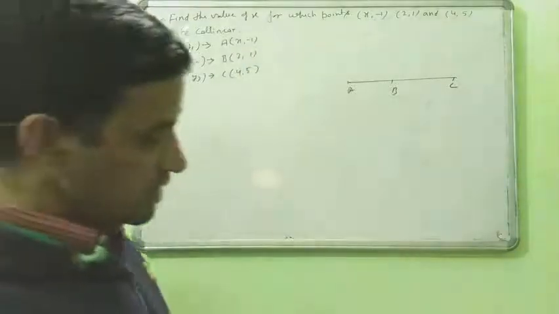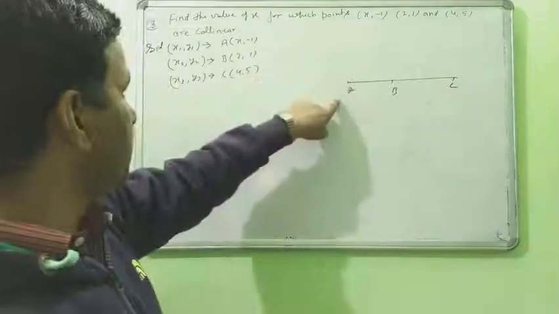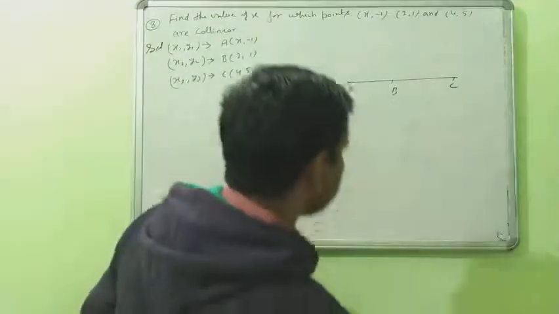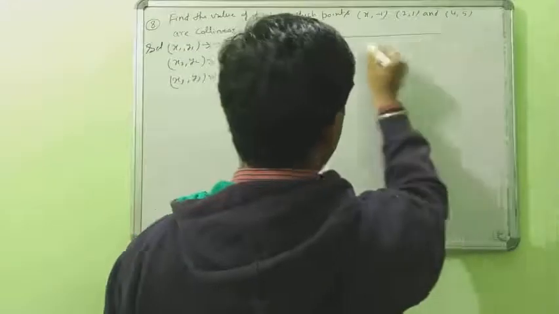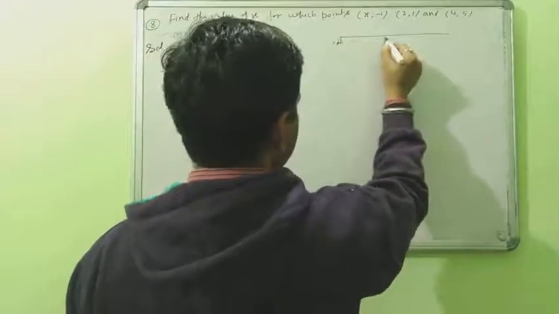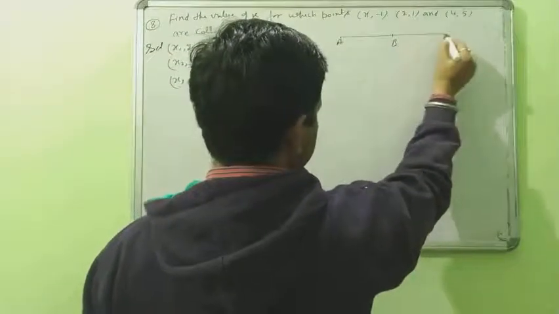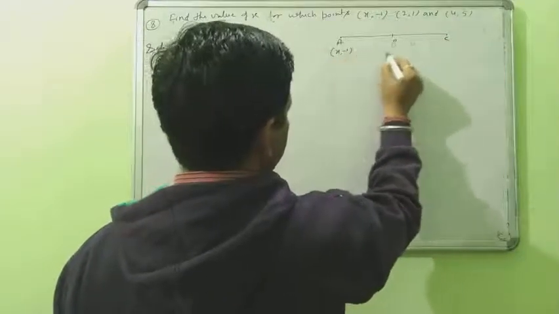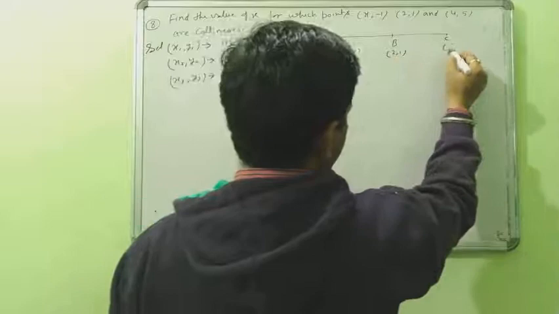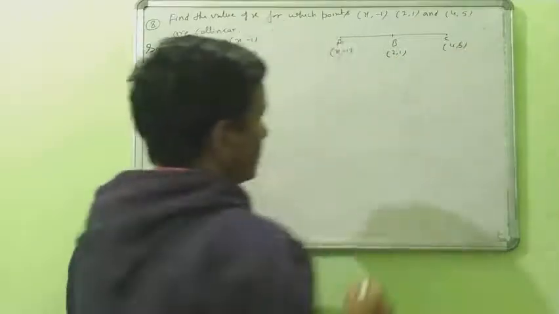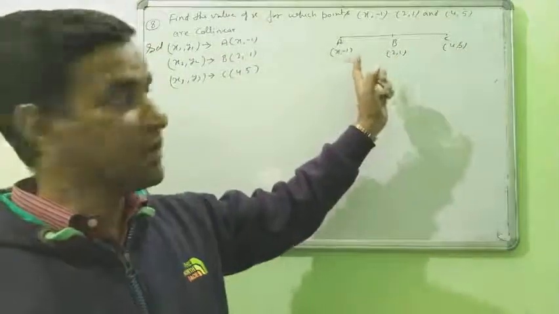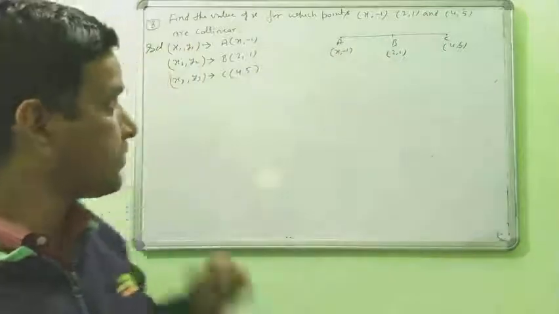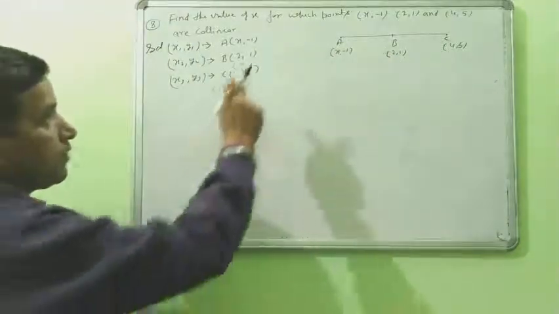So suppose the coordinates of A are x1, y1. Then you can write it in this form: A point, B point, and C point. Coordinates of A are x minus 1, 2, 1, and 4, 5. Because the three points are collinear, you write the diagram this way. Then how do we find the value of x?